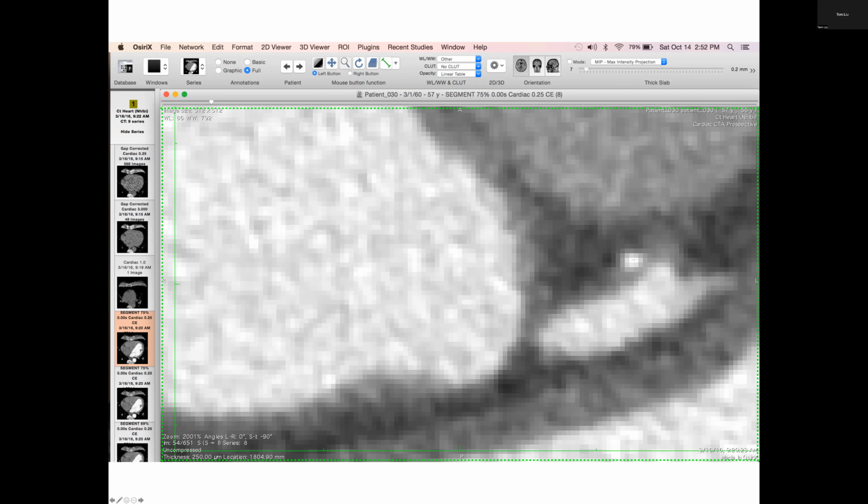A first order approximation to the spatial resolution of this picture is often given as the dimension of these squares. So you say my voxel dimension is, like, 0.1 millimeters or something like that, right?